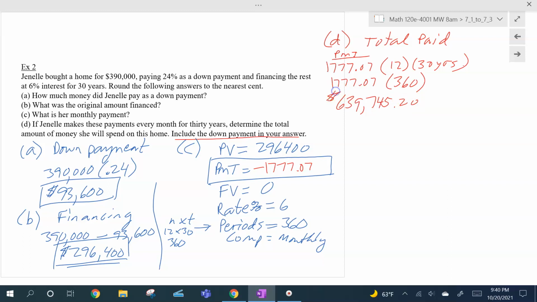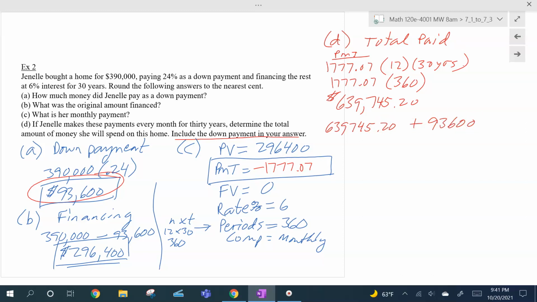Okay, that's how much her payments are. Now remember, she also put her down payment in, 93,600. So not only did she pay this, but she had this down payment of 93,600 that she put down up front.